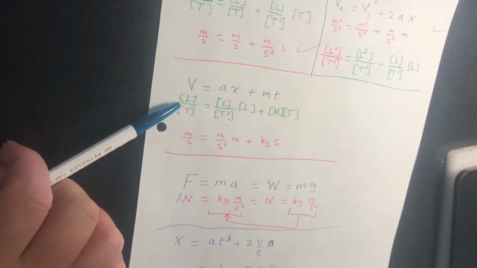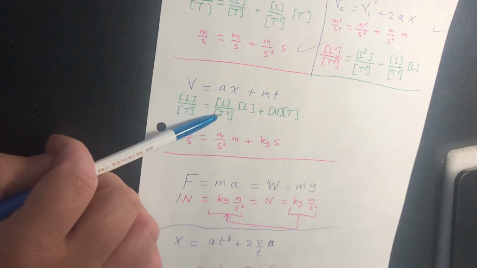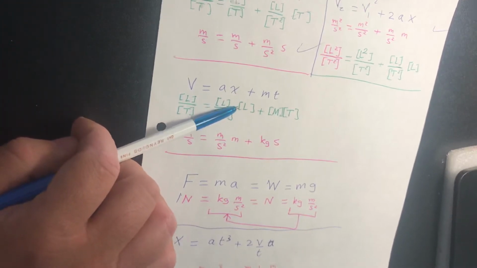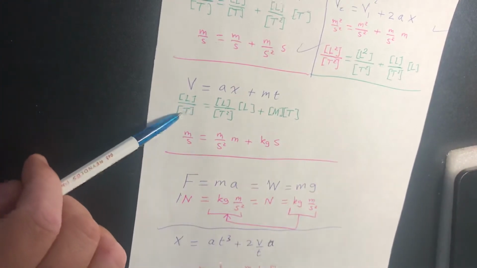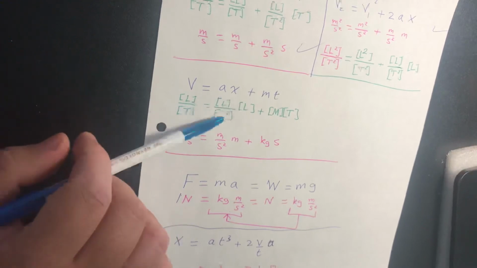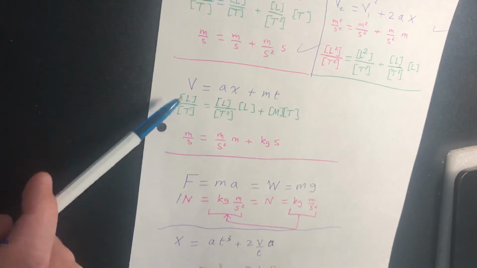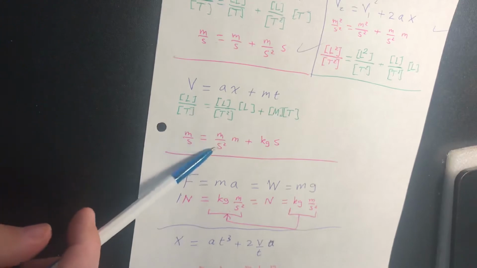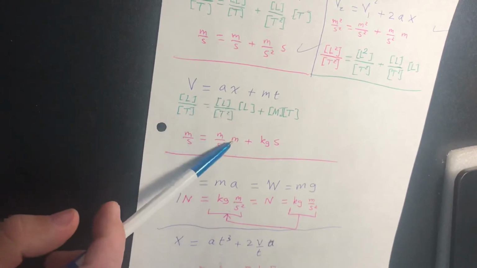The velocity is length over time. Acceleration is length over time squared. The x is length. We don't need to complete because we have length over time, and we have length squared over time squared. It is not correct. If we look also at the units, the units of velocity is meter per second, acceleration meter per square second, x is meter.